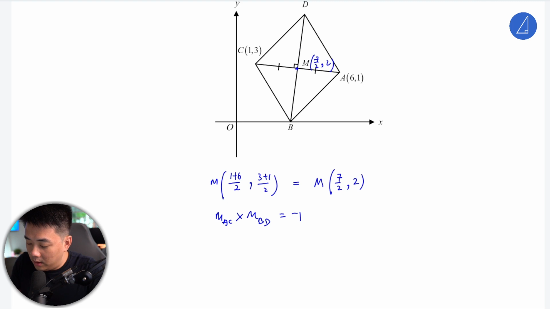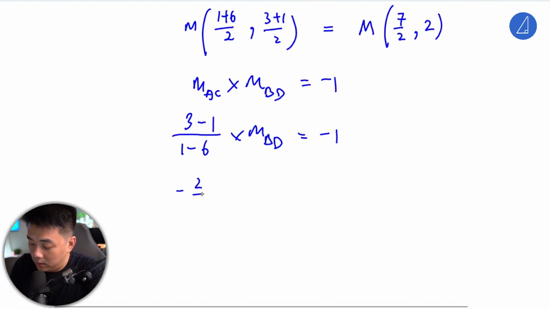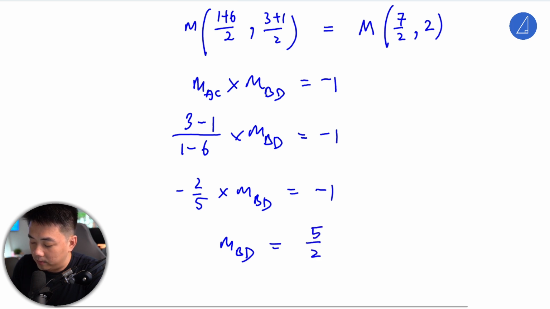So MAC will just be 3 minus 1 over 1 minus 6, which is 2 over -5. So MBD is equal to 5 over 2.